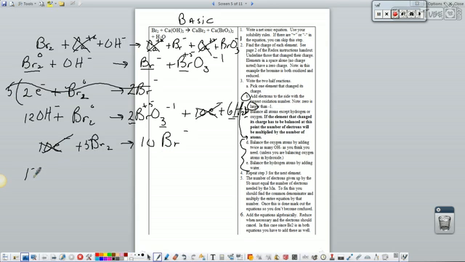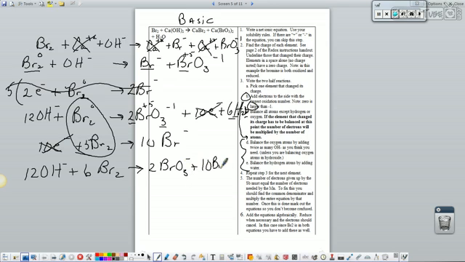Now, how many Br's are there? I've got 12 OH minus, and then I have 6 Br2, because I have to combine those. Yields 2 BrO3 minus plus 10 Br minus plus 6 H2O. So let's do our checks.